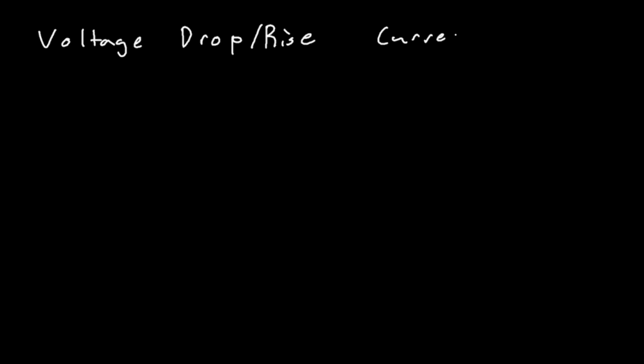Now let's talk about some important vocabulary that you're going to be using for Kirchhoff's current and voltage laws. Let's talk about voltage drop and rise, and current into the node and out of the node.